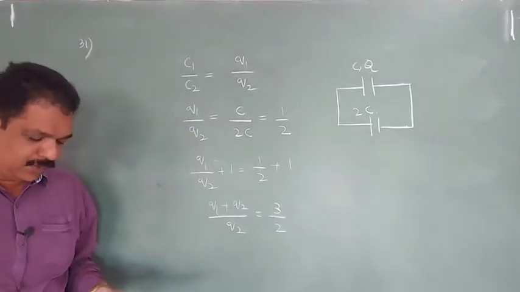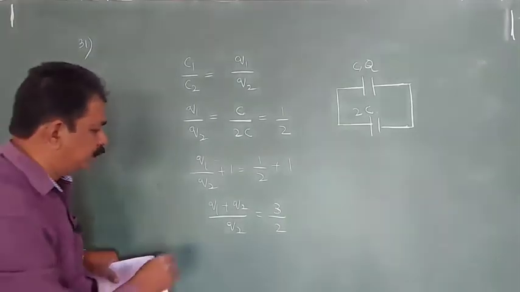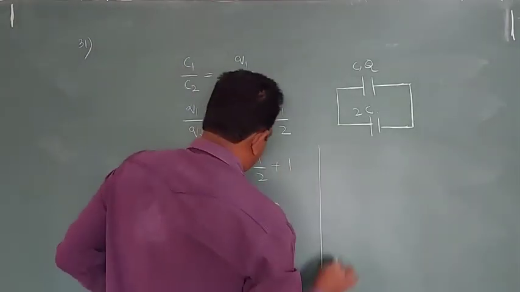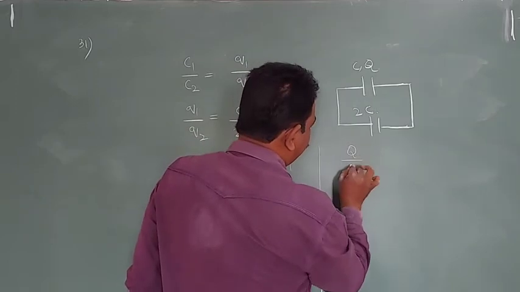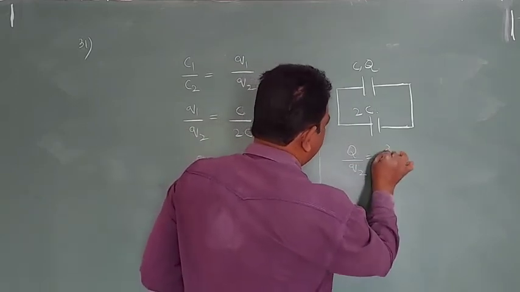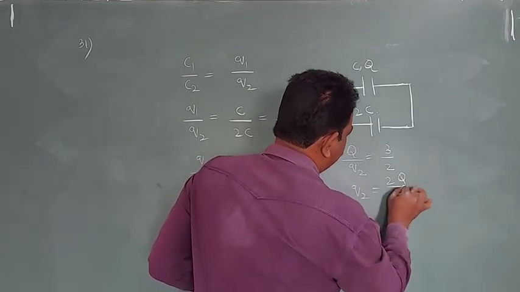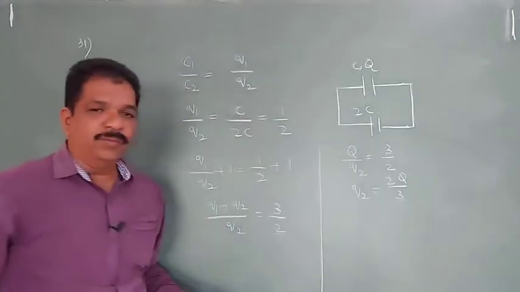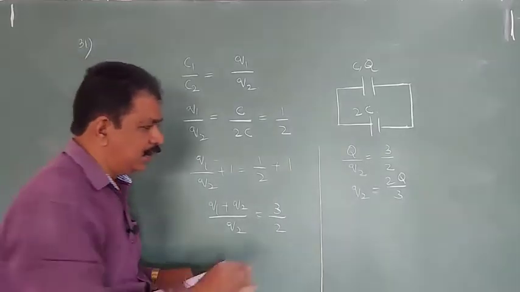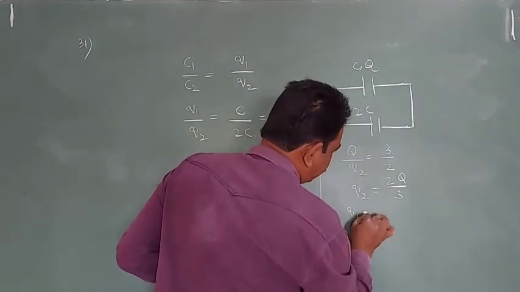Q1 plus Q2 is equal to capital Q. So capital Q by Q2 is 3 by 2. Q2 is equal to 2Q by 3. Then Q1 is equal to how much?